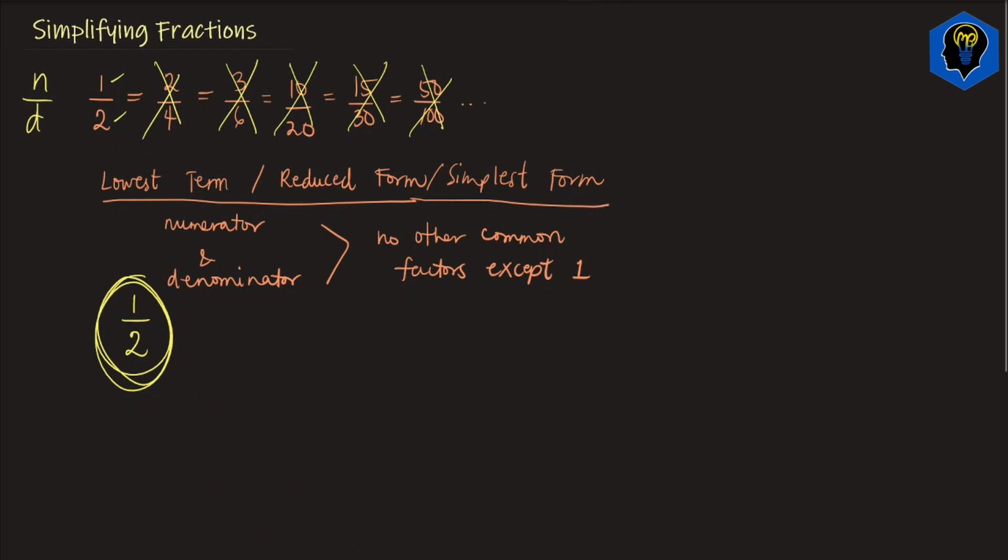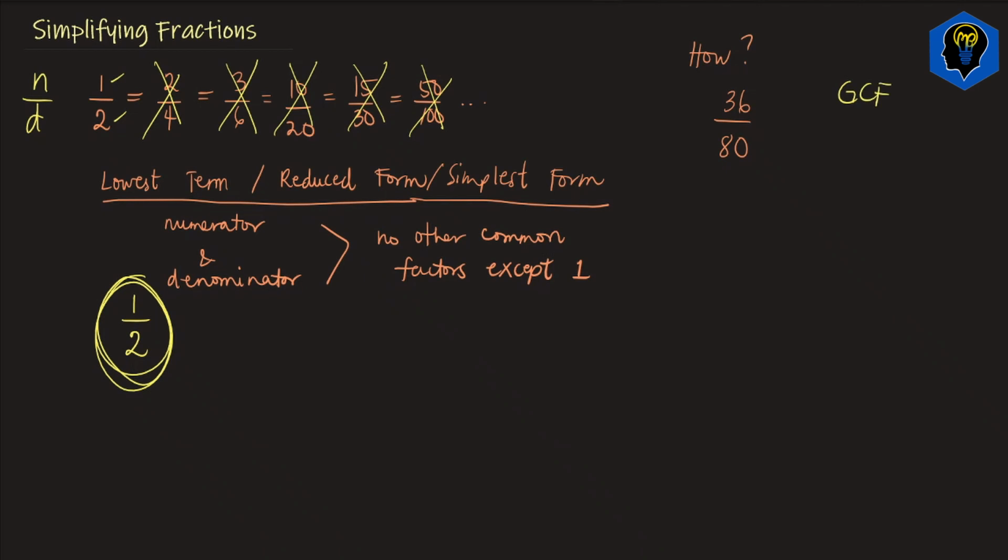Now, this is the question now, how do we reduce fractions to the simplest form or the lowest term? Or how do we simplify fractions? So, if we are given 36/80, so this time, we will be using our knowledge on GCF.